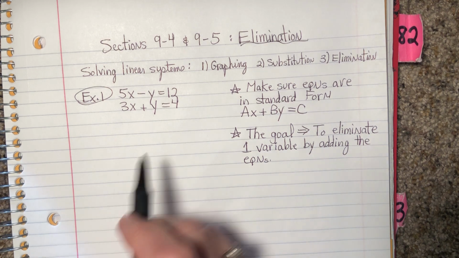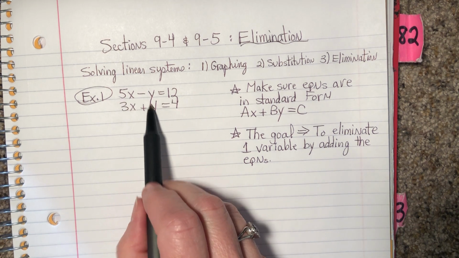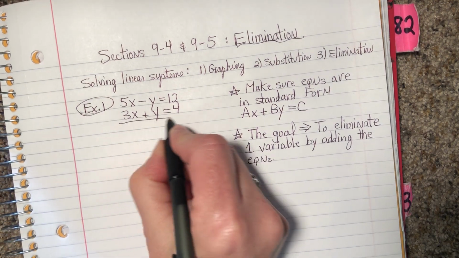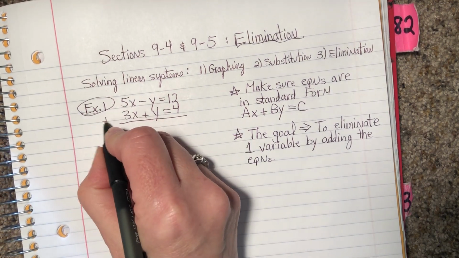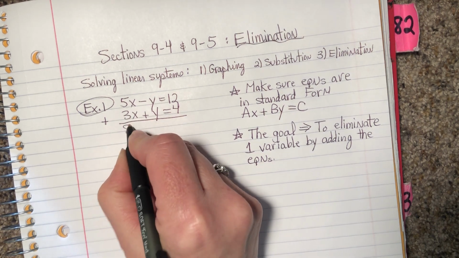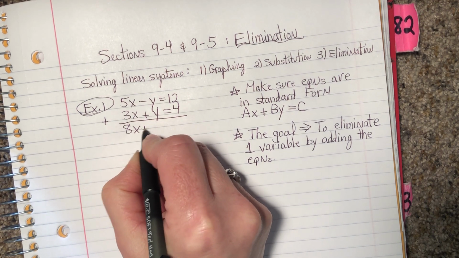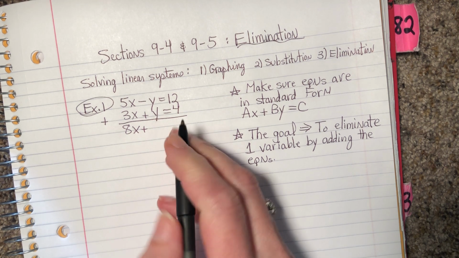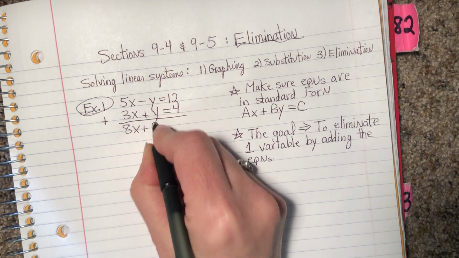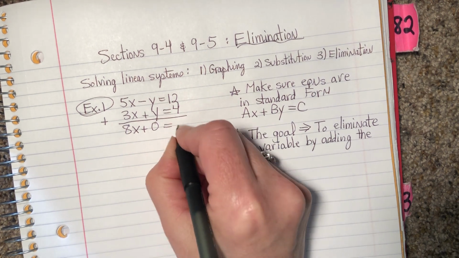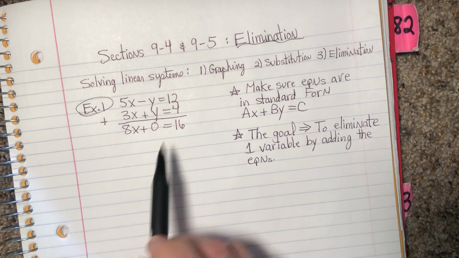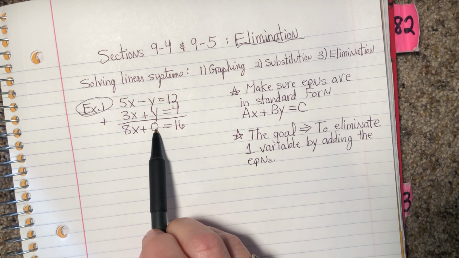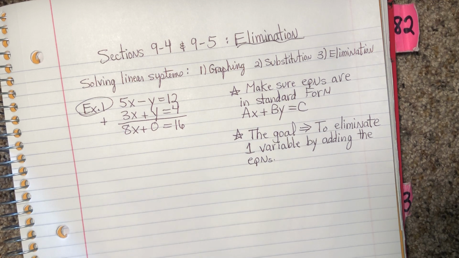Now, if you look at these two, if I add these two equations vertically, I get 8x plus, now negative y plus y makes 0. So those are gone, equals 16. These are already set up to eliminate one variable when you add, so that's really convenient.